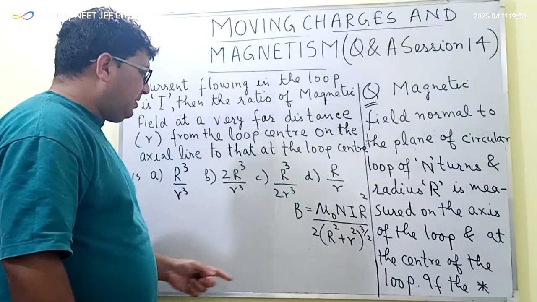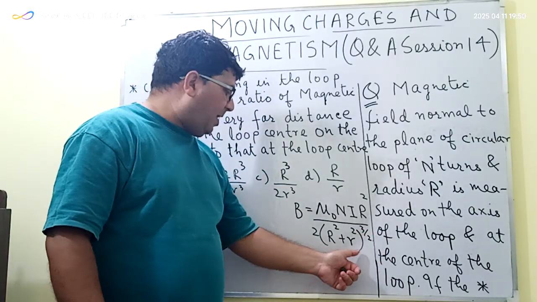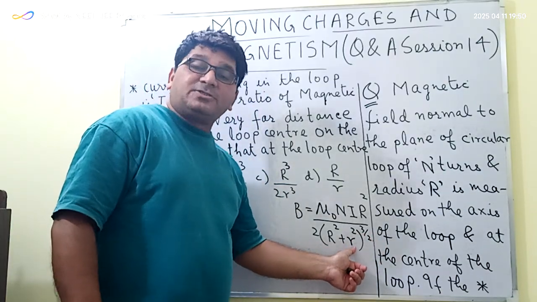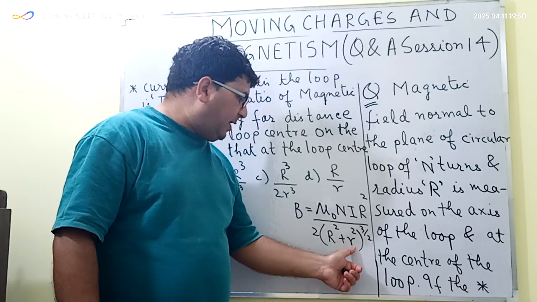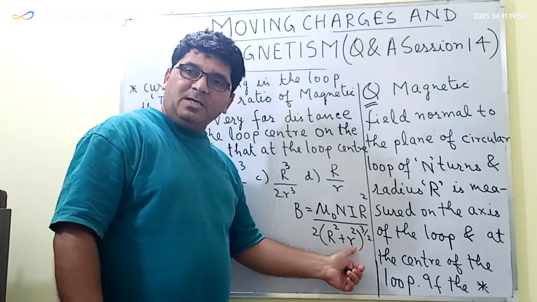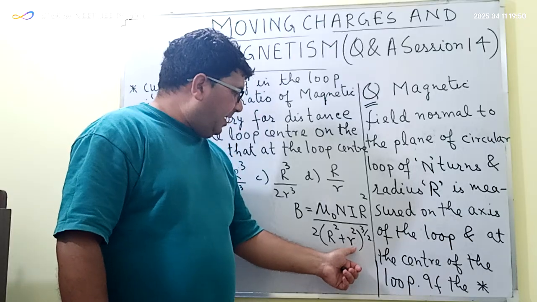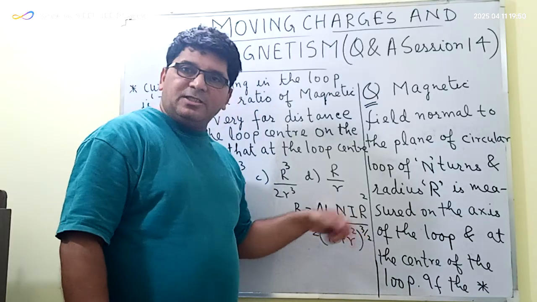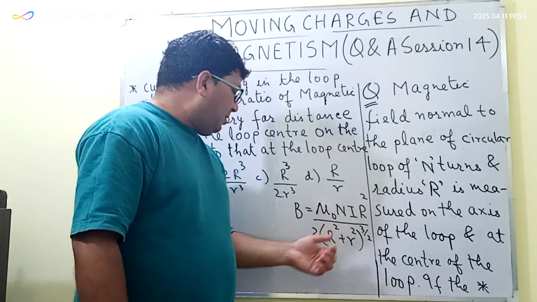Now here capital R is the radius of the current carrying loop, r is the distance of a point on the axial line of the current carrying loop from the center of it, and I is the current which is flowing in the loop.